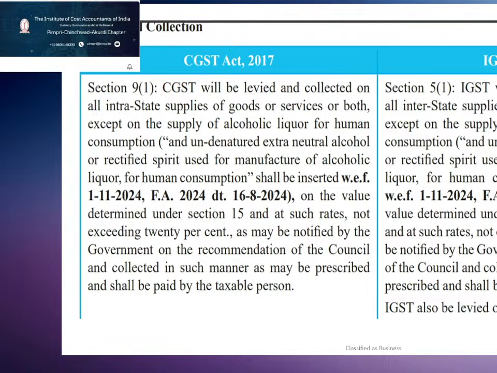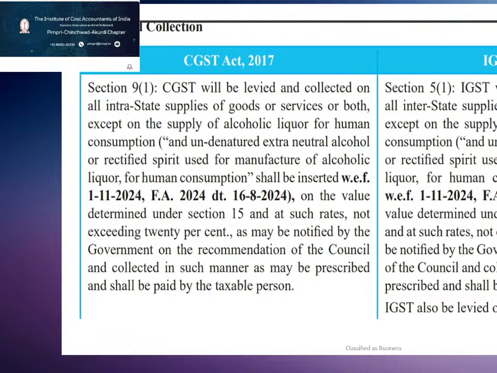So we have seen section 9, which is for levy and collection of tax. Now we are into section 10, which is the composition levy. So here the important subsections.